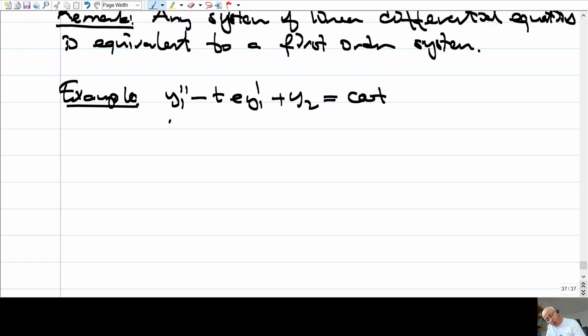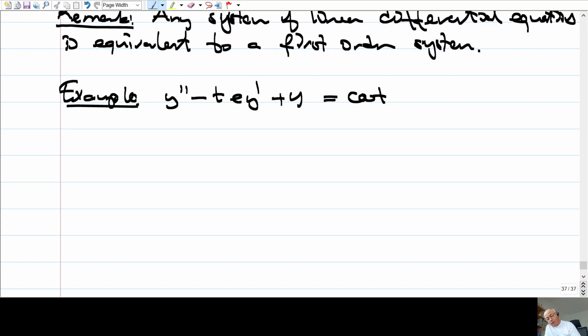Burada da şöyle olsaydı y2 double prime plus e to the power t... ya da bir tane denklem alayım. Şöyle. Tamam. Sadece y diyeyim.